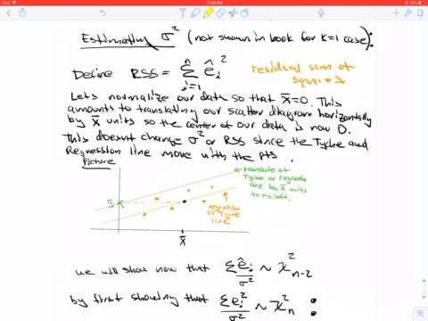So instead, we're just going to go through it, but we're going to do it for the k equals 1 case, and hopefully you can see what's behind this.